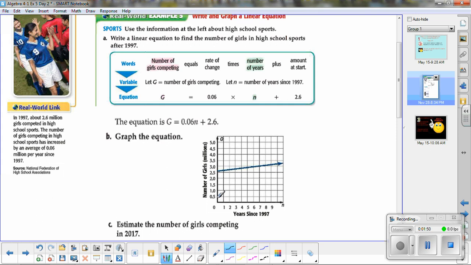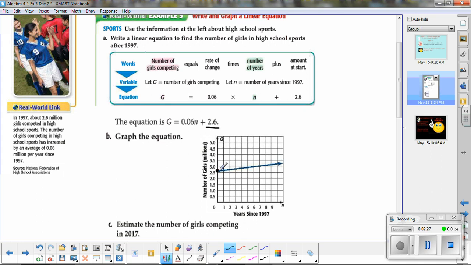In this graph, we went up by half millions, and then we went up by just single years on the x-axis. Now we know the y-intercept is 2.6, so we can put that point on the graph. And then the slope is 0.06, or it goes up 0.06 million per year.